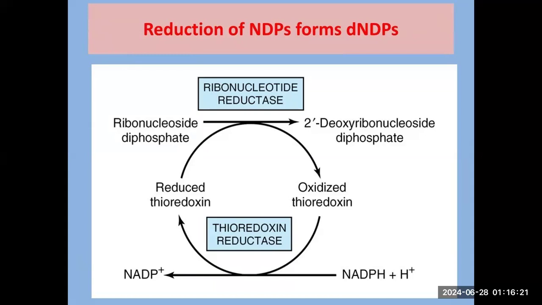Then this oxidized thioredoxin must be reduced for the second reaction, and this reduction takes place by NADPH, nicotinamide adenine dinucleotide phosphate, reduced form, which reduces the oxidized thioredoxin to the reduced form and itself is converted into the oxidized form, NADP.